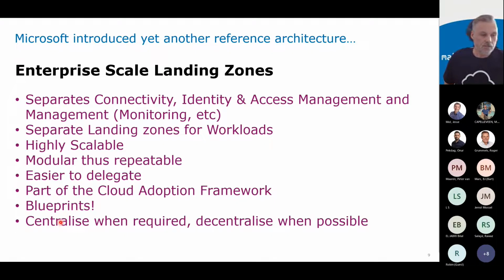What you need to do is you have to centralize when required and decentralize when possible. What you will see is that workloads are mostly decentralized. Monitoring, logging, connectivity is mostly centralized. So the core functions of the cloud foundation are mostly centralized.